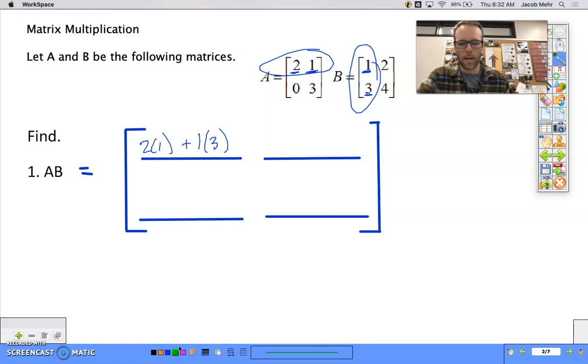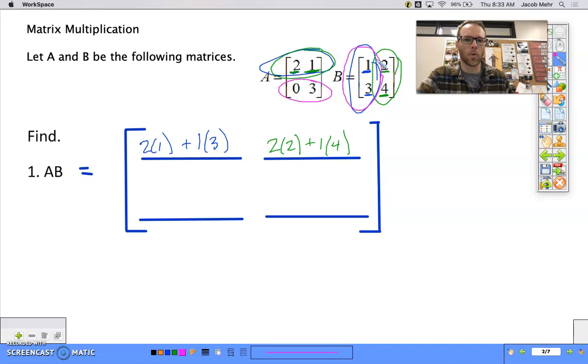Now when we go to our next location, let's go to the top right. Top right is going to be top row times right column. And when I say we're taking a row times a column, how do we do that? We take this 2 times that 2 plus this 1 times that 4. Let's go to our next position. Bottom left, bottom row, left column.